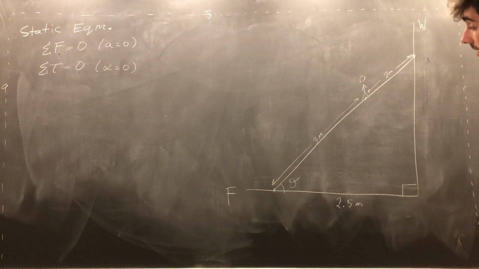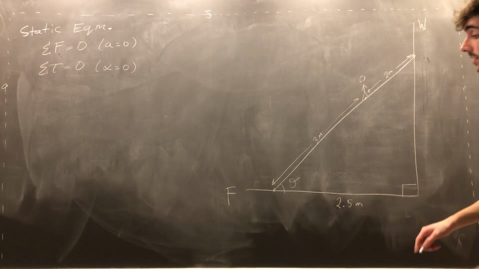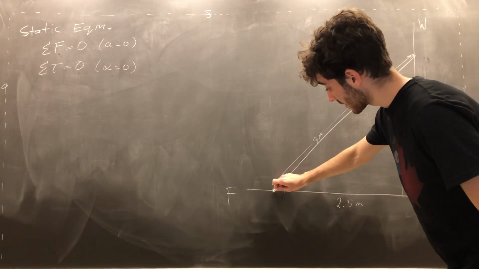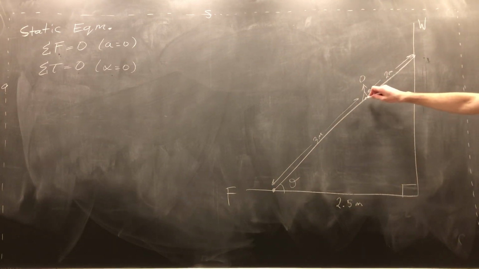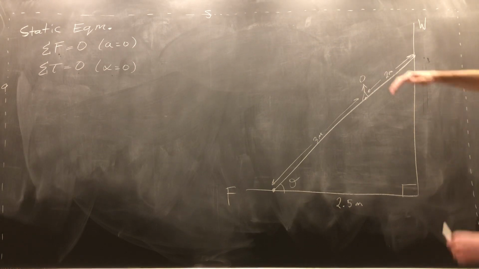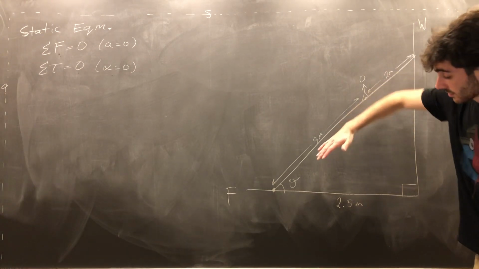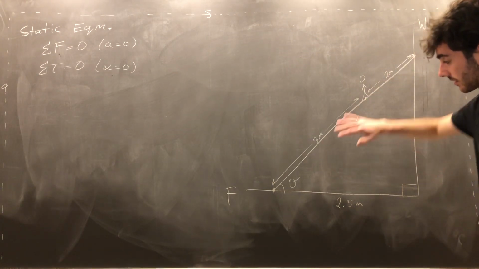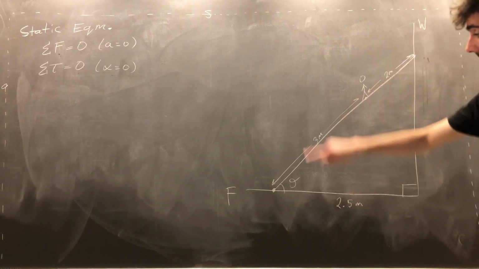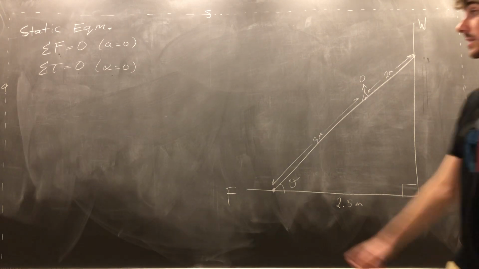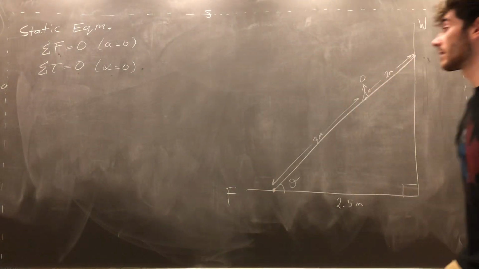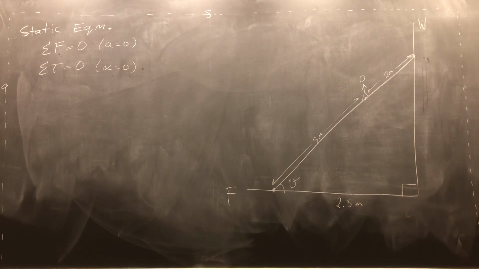If we consider a pivot point here and ask ourselves, okay, if the man's standing here, then his weight is going to cause this ladder to start to rotate in this direction, right? In the clockwise direction, this way. So let's see if we can use this equation and what we know about torque to solve the problem.